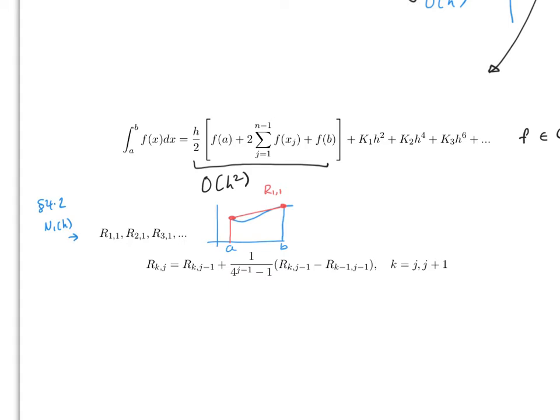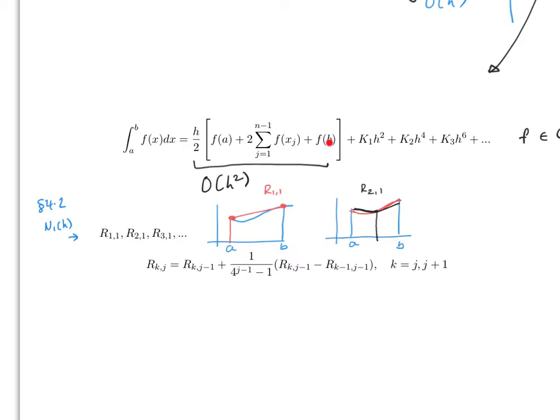Now, if you divide the interval in half, so this is still a, it's still b, and you still have the same function, but now we divide the interval into two pieces, then this and this will be what we call R21.